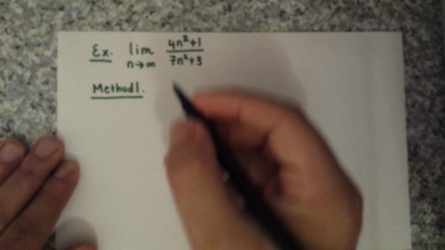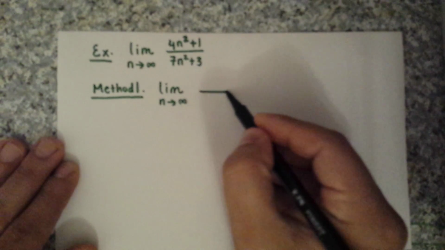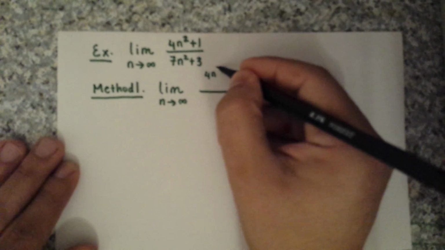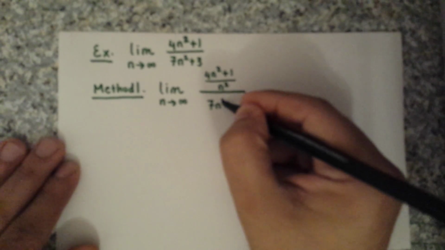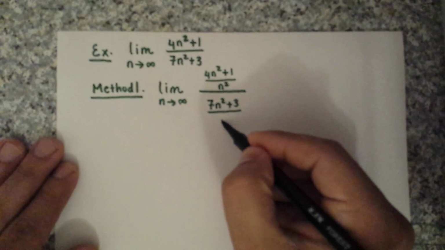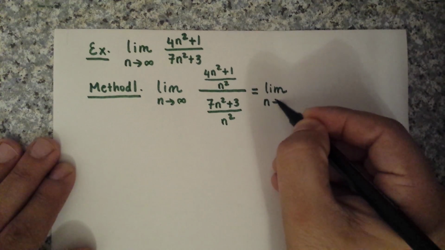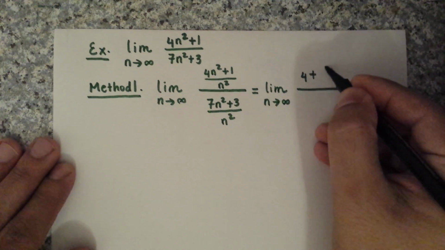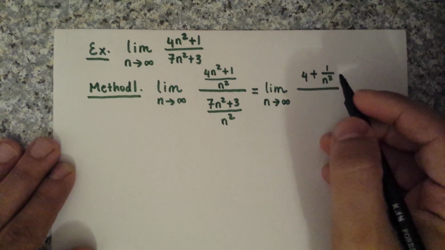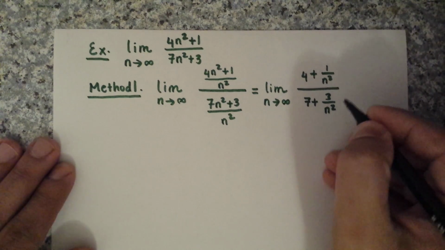This is the classical way, where you divide everything by n squared. So you have 4n squared plus 1 over n squared, and then 7n squared plus 3 over n squared. That way you can write them separately, and that will be the limit as n goes to infinity of 4 plus 1 over n squared, over 7 plus 3 over n squared.